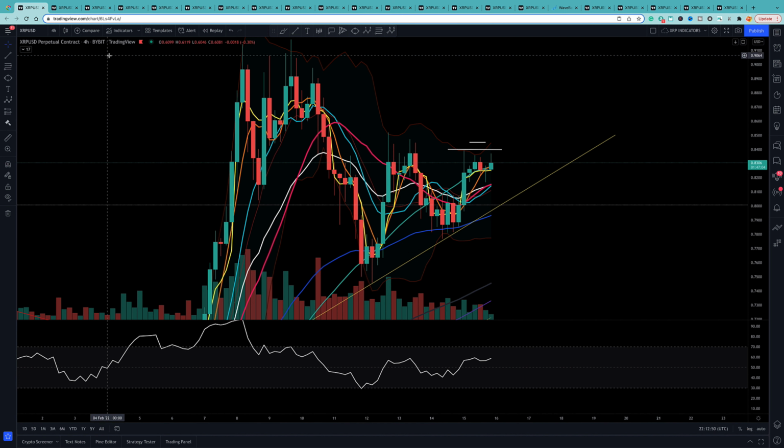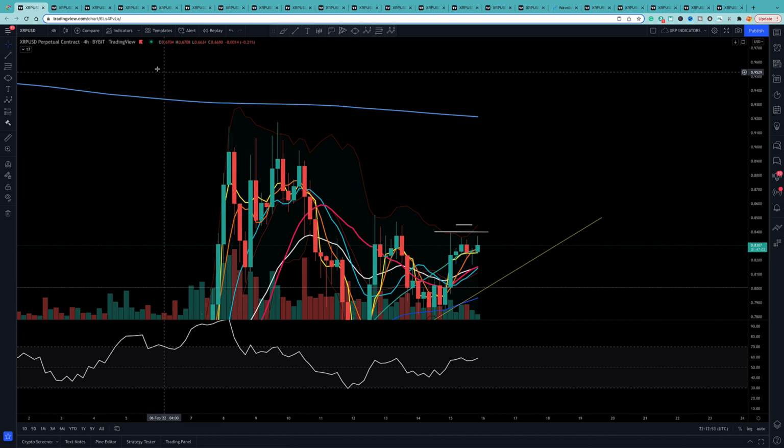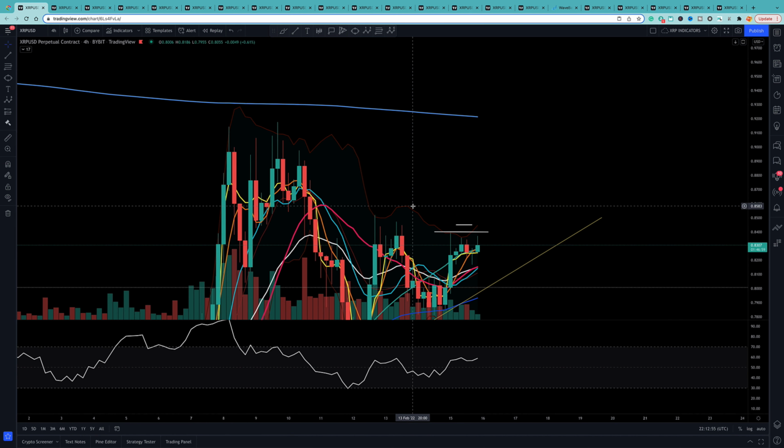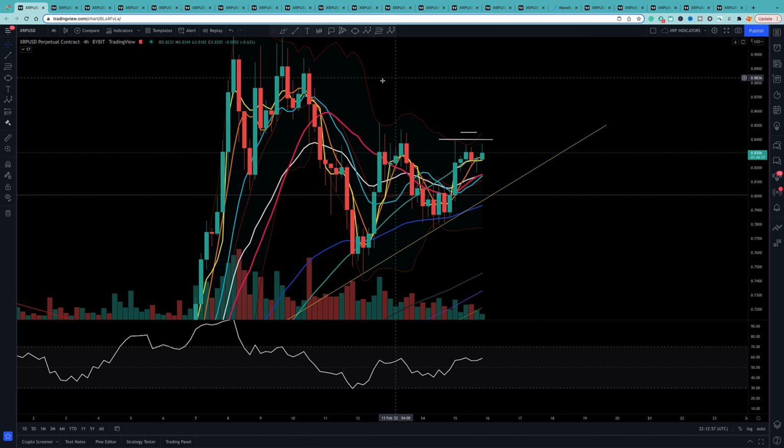So all the way in this bear trend, the moving averages were coming down heavy and strong. Now all the way up to the 12 hour is underneath price action, and they're all coming back up and gathering together.